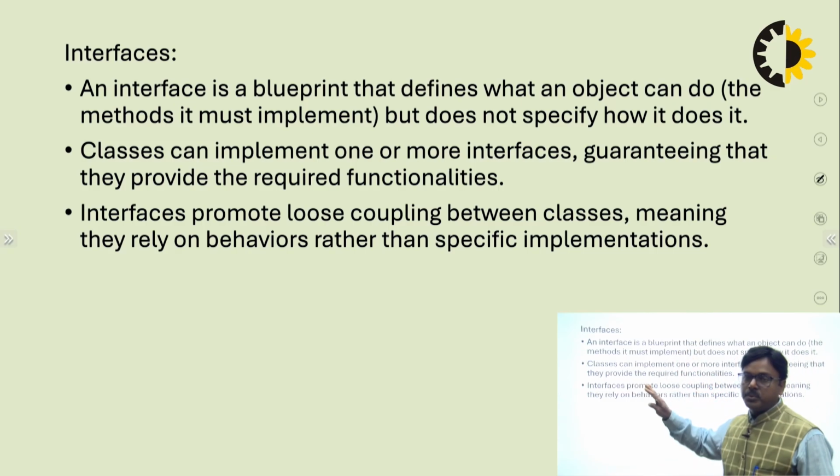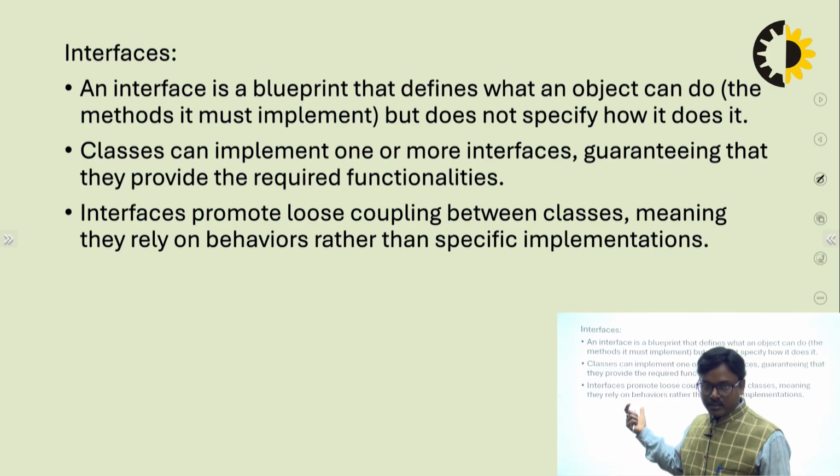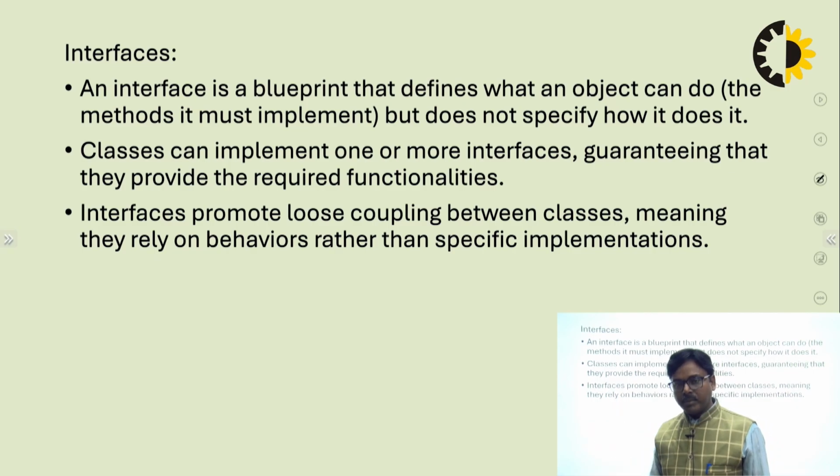Whatever method has been declared in a superclass or in an abstract class, that method can have a definition or implementation in this interface. And when we are going to implement the method, we have to use the keyword implements for giving the definition of those methods.